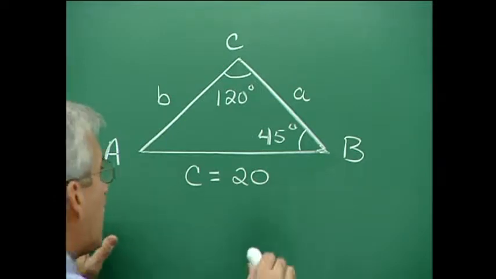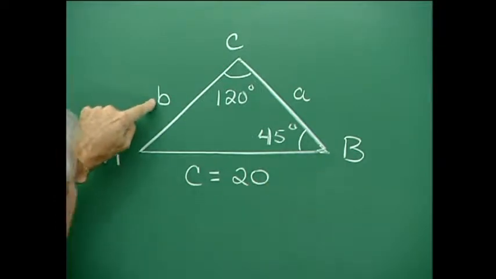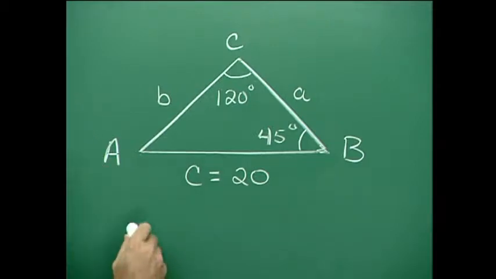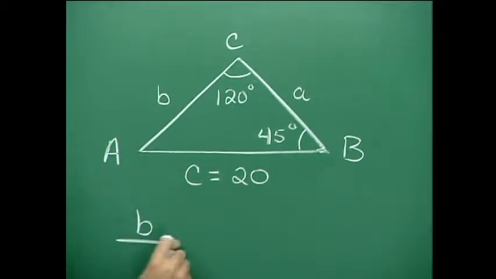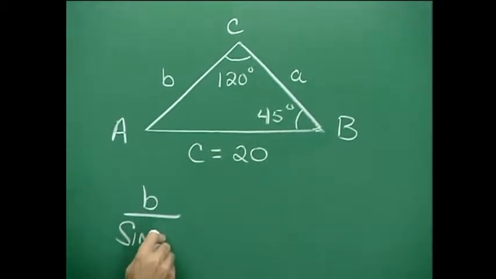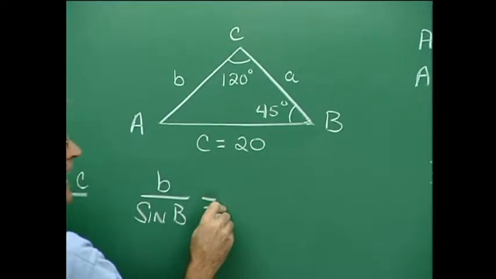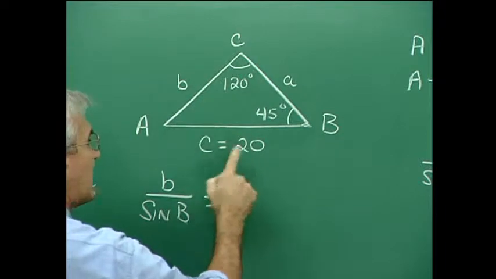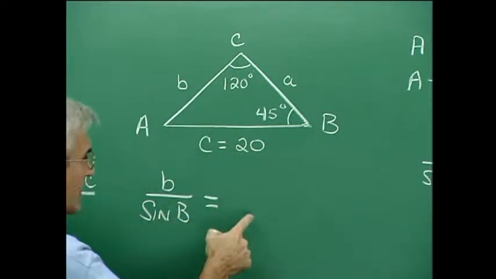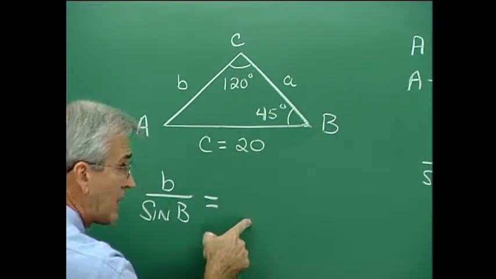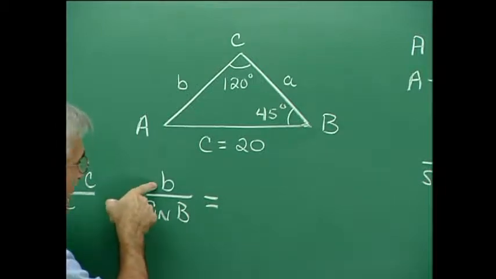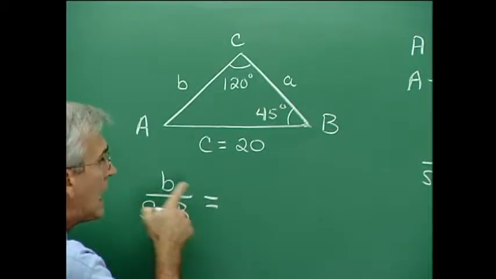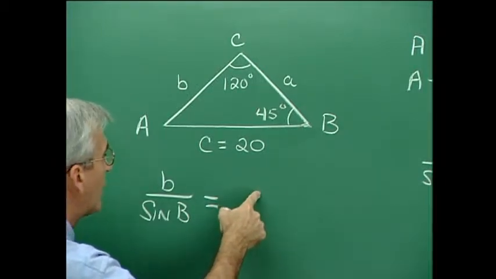So we set it up like this. I'm looking for side B, so I'm going to write this as B over sine B, and I have information about C, angle C, and side C. I have to have the same sense in this fraction as I have in this one. That is, if I have the length of the side in the numerator here, I have to have the length of the side in the numerator over here.